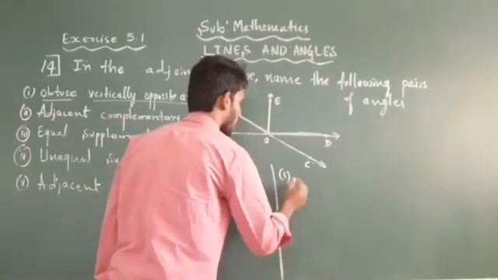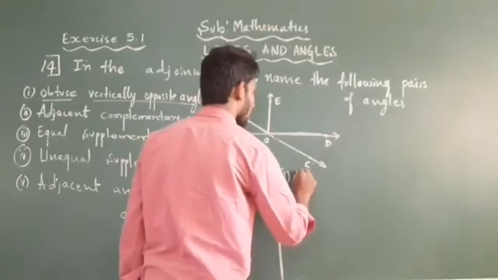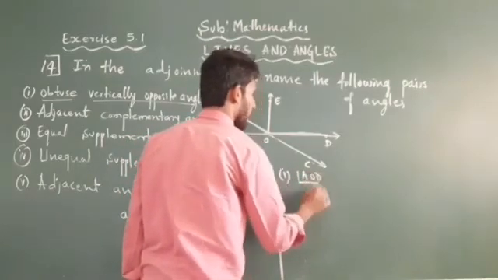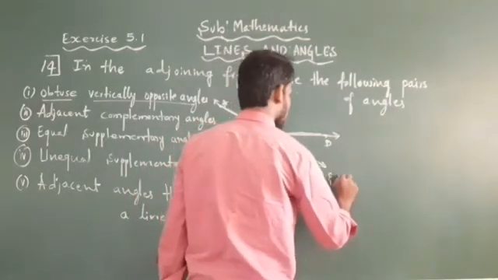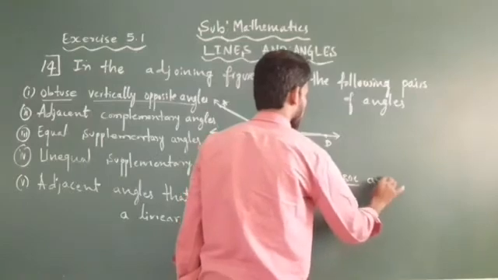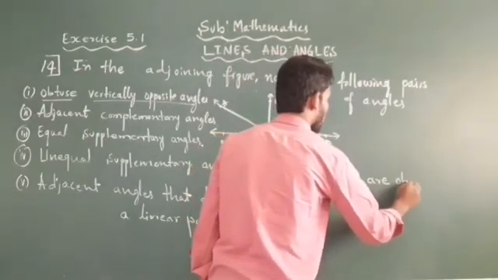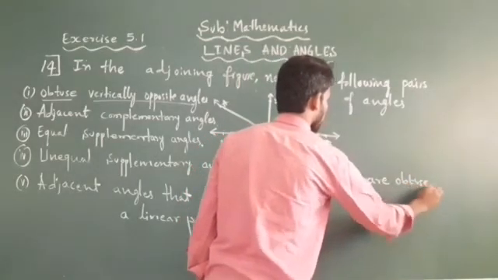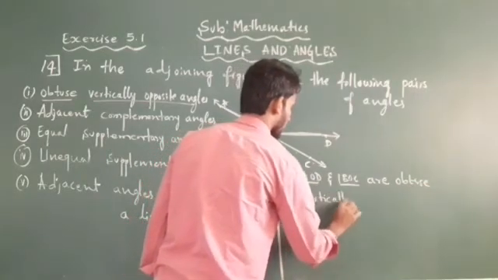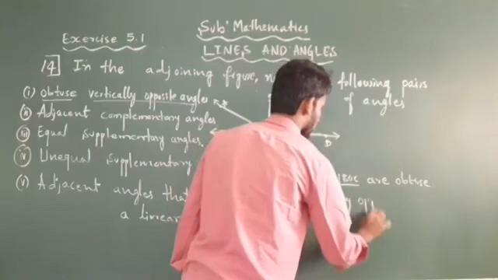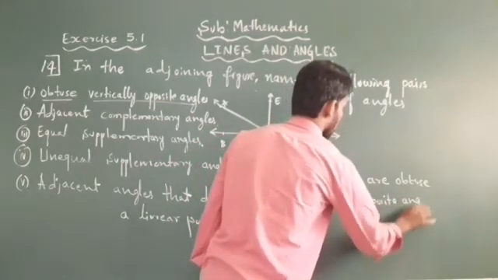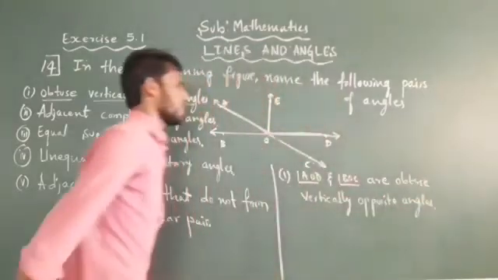First one, angle AOD and angle BOC are obtuse vertically opposite angles. Okay, this is the first one solution.